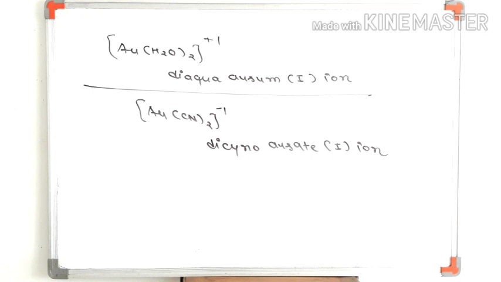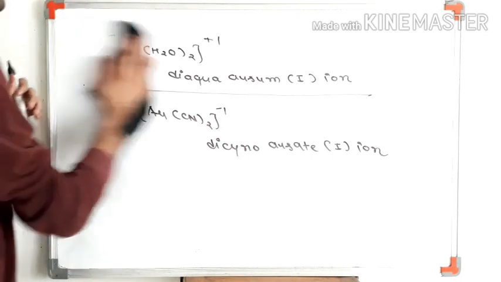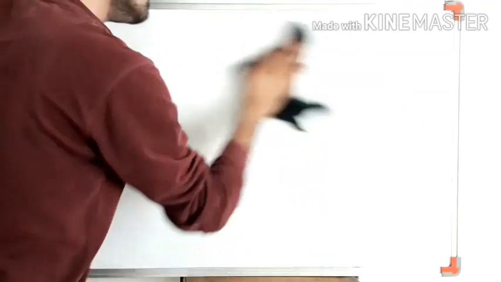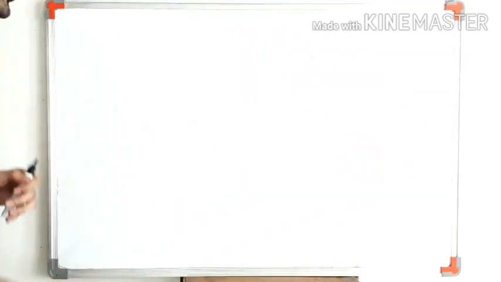Is it clear? Okay. Now, what are the rules for an ambidentate ligand?